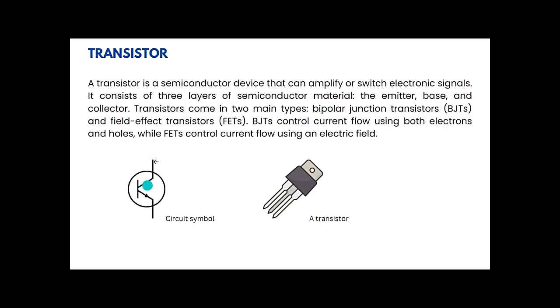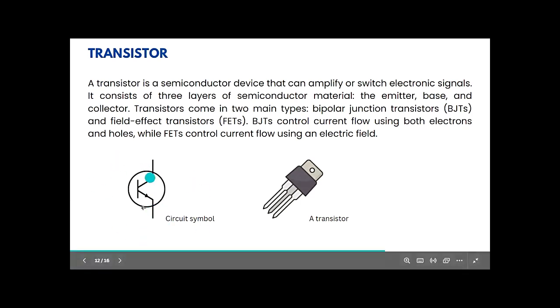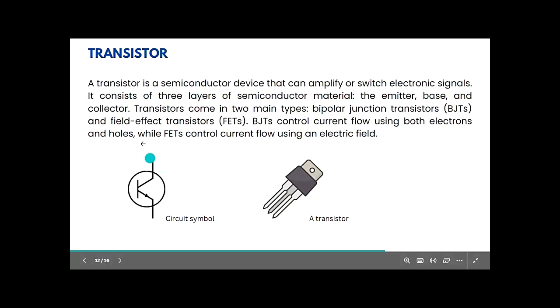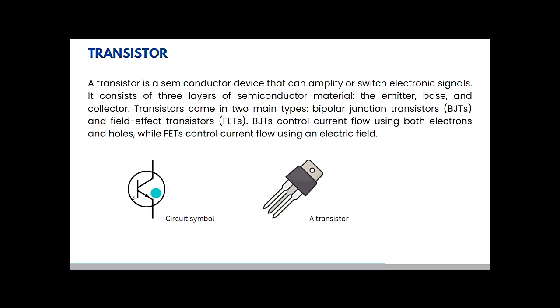This is the collector, which serves as the output, and this is the base, which serves as a controller. A BJT transistor can be seen in different types. There are PNP and NPN transistors, like BC507, BC508, and other types of transistors.